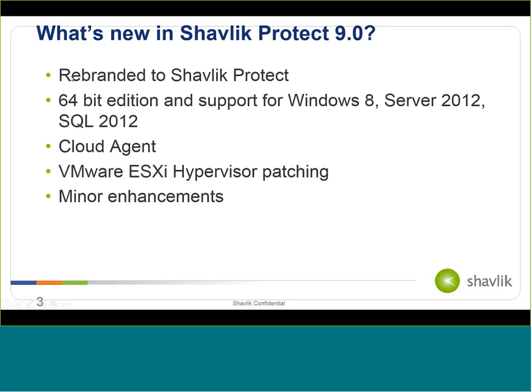So the first thing that you'll notice in Shavlik Protect 9.0 is we have rebranded back to the Shavlik brand. So anybody running on the VMware brand, obviously it'll upgrade automatically over to the Shavlik branding when you upgrade. This version of the product now includes a 64-bit edition.